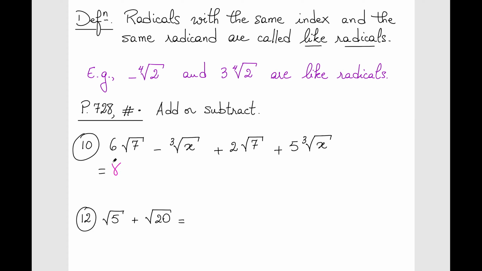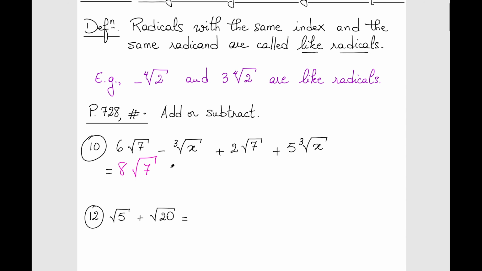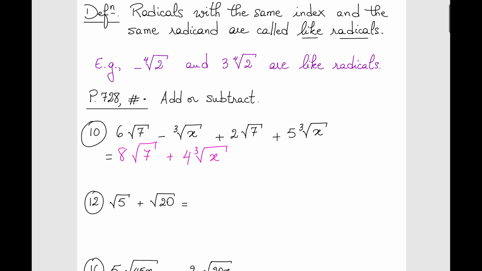So this is 8 of the image square root of 7. For this image, 3rd root of x, that's the same one. So these guys are like radicals. So 5 of this image minus 1 of them is 4 of them, right? So 4 of the image 3rd root of x.